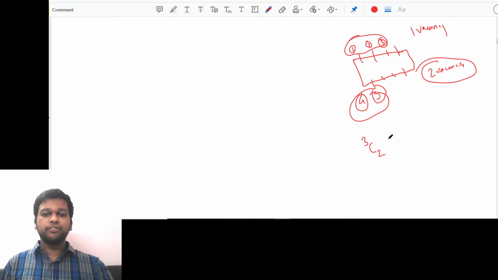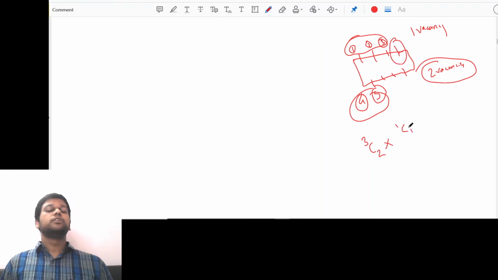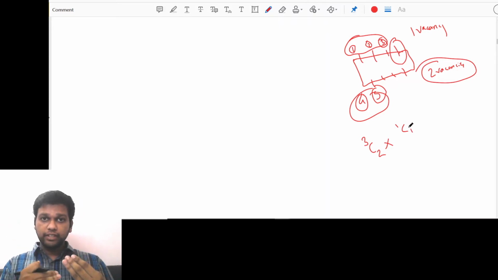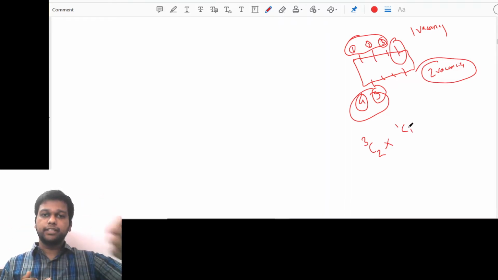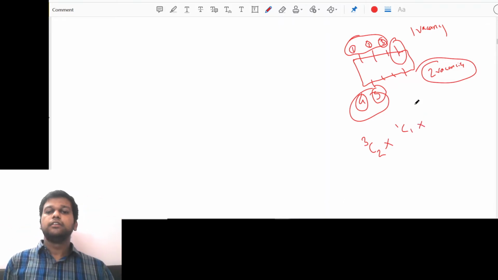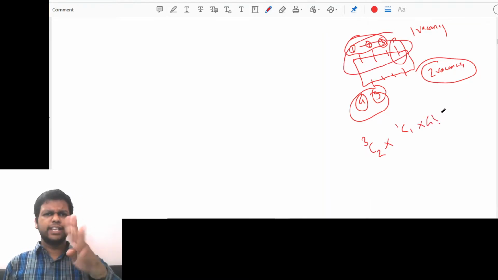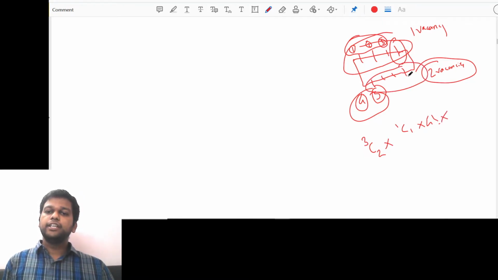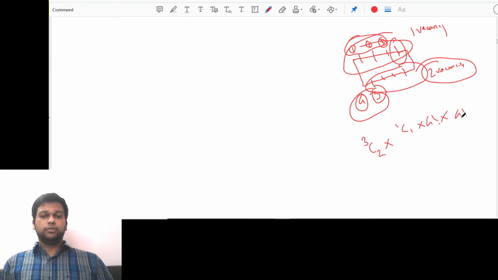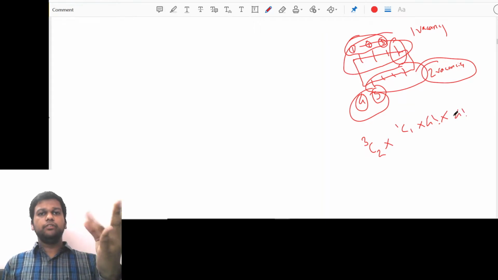We can select 2 people for this side and the remaining 1 person we select for the other side, that is 1C1. So out of the remaining 3, we selected 2 for one side, 3C2, and 1 for the remaining side, 1C1. And then we have to arrange these 4 people in a row, 4 factorial, because they can be in any arrangement, right? And these 4 people in 4 factorial ways. So the answer will be 3C2, 4 factorial, 4 factorial.